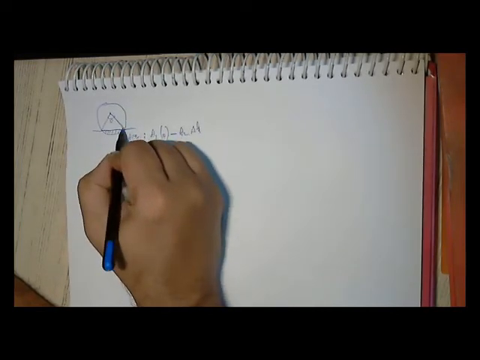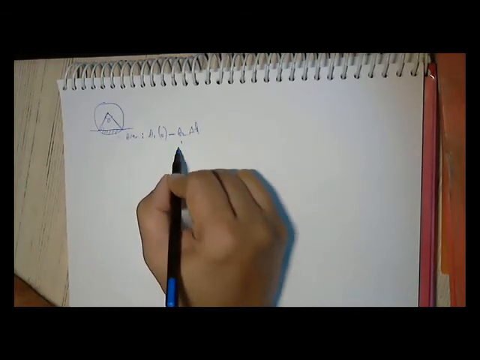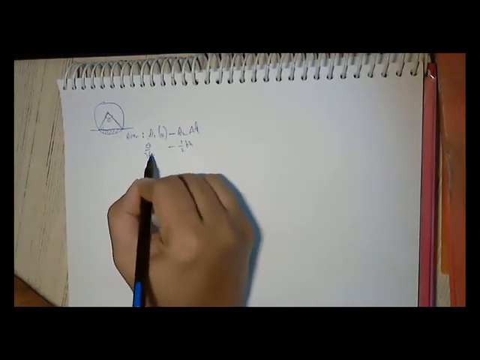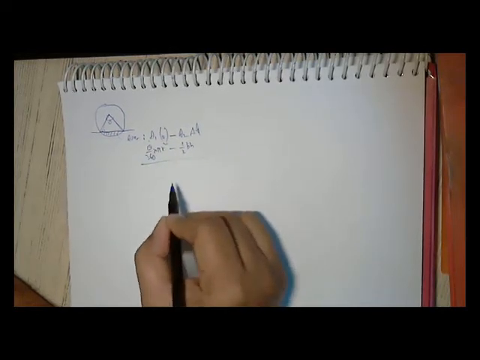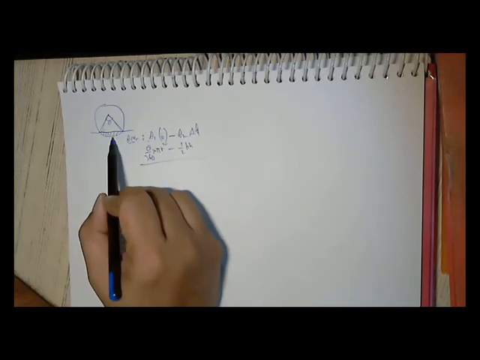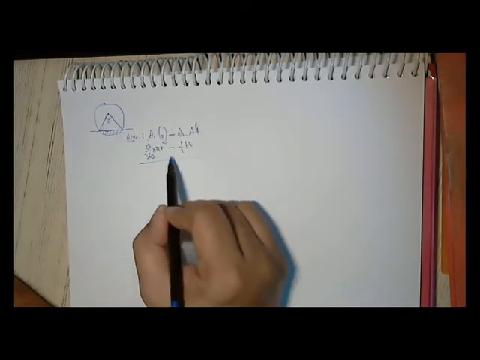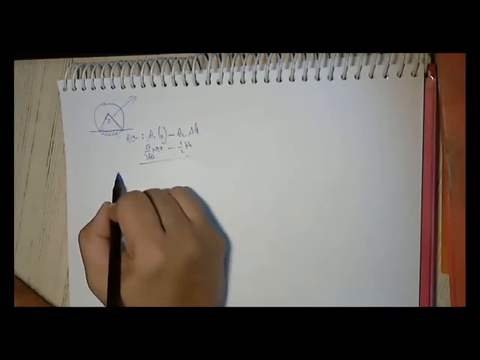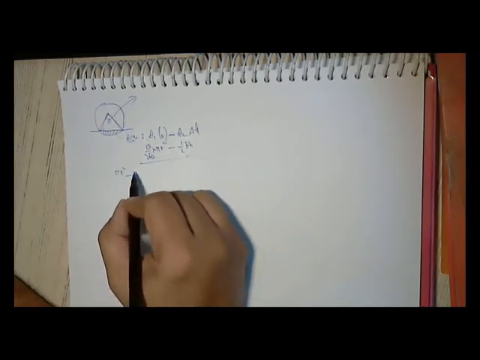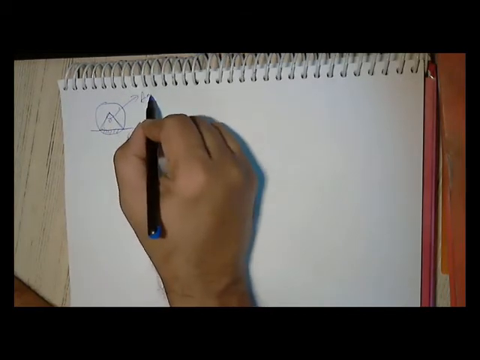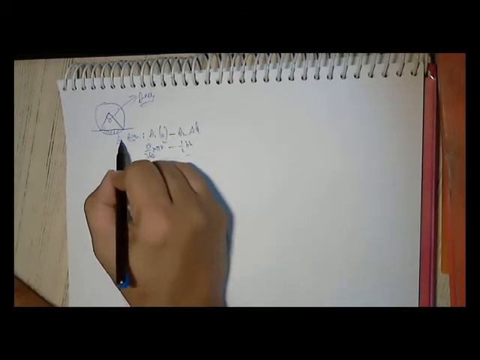This is the triangle. We know the triangle formula is half base into height, and A1 is theta by 360 into pi r square. So the area of the segment cut off by the chord can be found by this. What is the other area? The other area is nothing but pi r square minus this segment area. We get the other, bigger area. This is the smaller area.